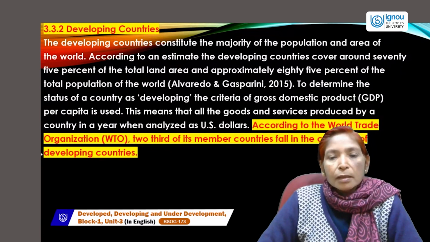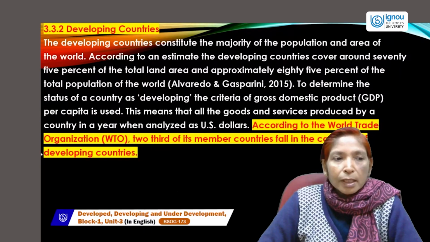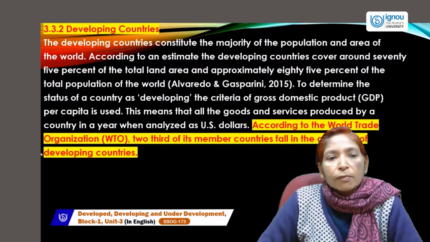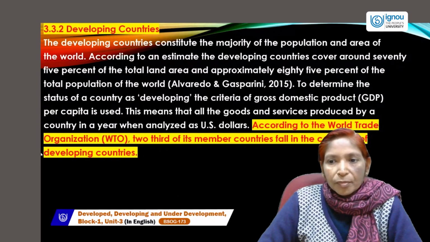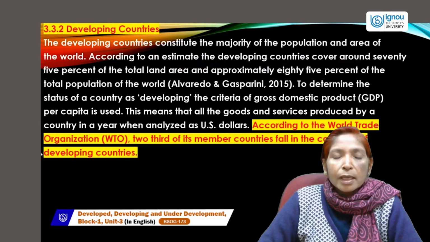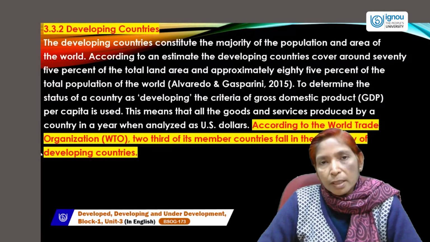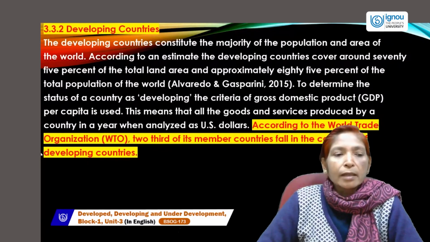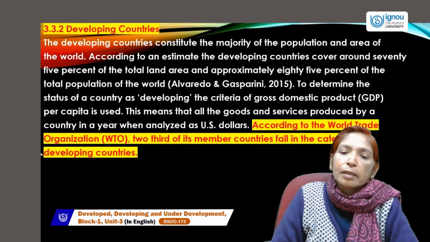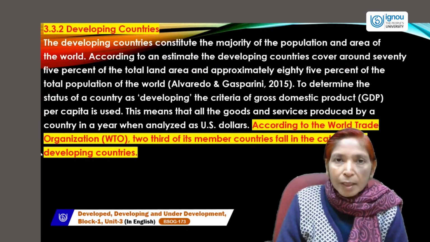This means all the goods and services produced by a country in a year, when analyzed in US dollars. According to the WTO, World Trade Organization, two-thirds of its member countries fall in the category of developing countries. Only one-third is called developed.